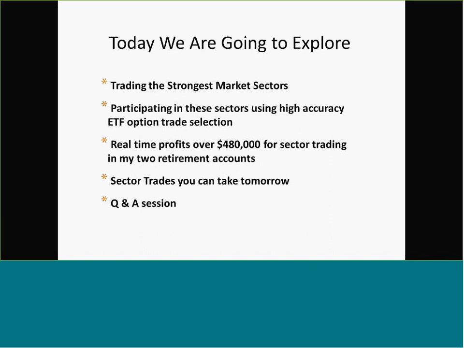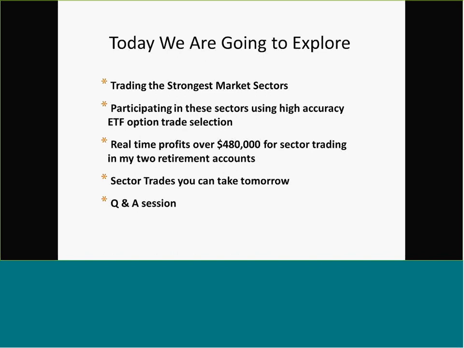Okay, so we're going to take a look at trading the strongest market sectors and participating in these sectors using high accuracy ETF option trade selection. And I was just looking at my brokerage accounts today, and I have over $480,000 right now in open trade profits using this sector strategy that we're going to look at today.